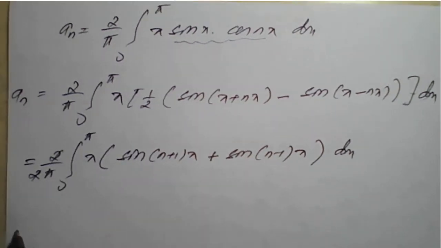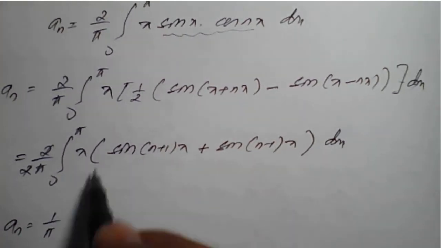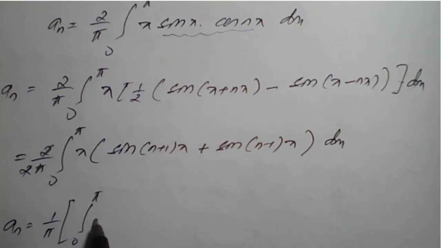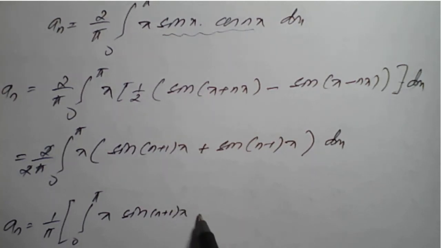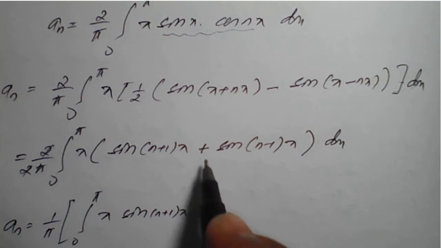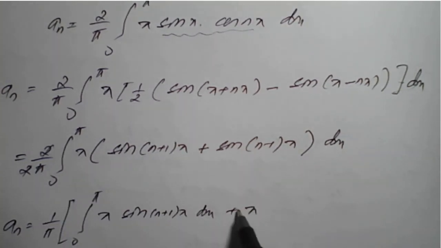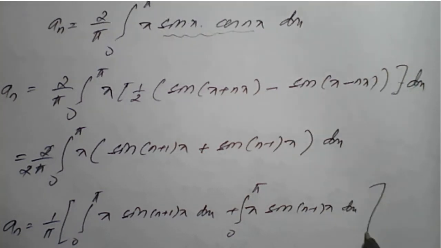So 2 cancels, so a_n is equal to 1 upon pi, we'll separate it: integration 0 to pi, first term x into sine of (n plus 1) x dx, plus the second term, also 0 to pi, x into sine of (n minus 1) x dx.